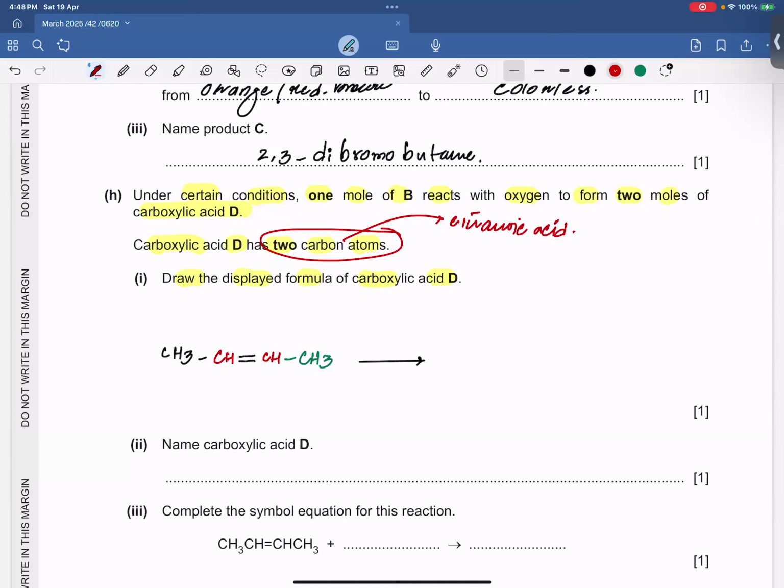Okay. And by the way, one more thing. In class, I've told you that oxygen is basically an oxidizing agent also, which means this reaction is going to be an oxidation reaction.